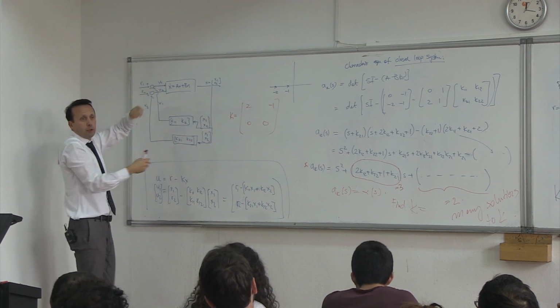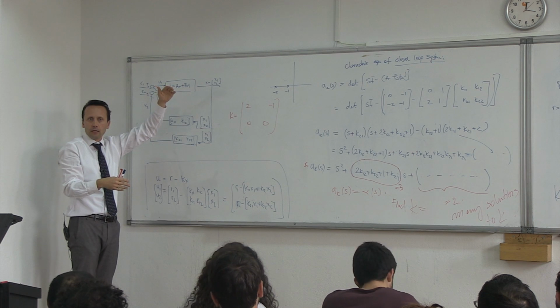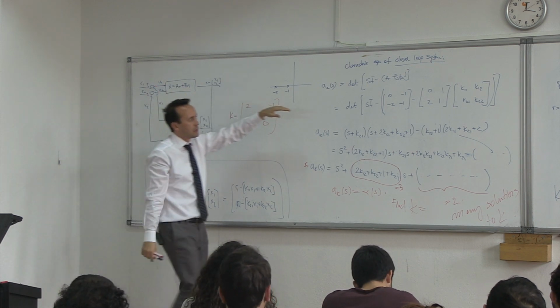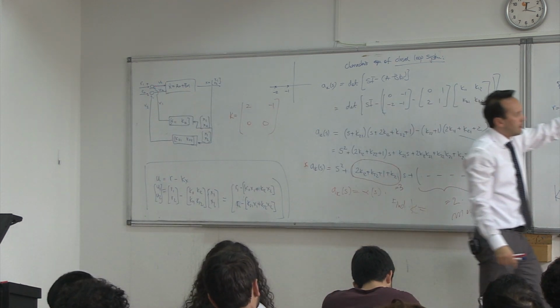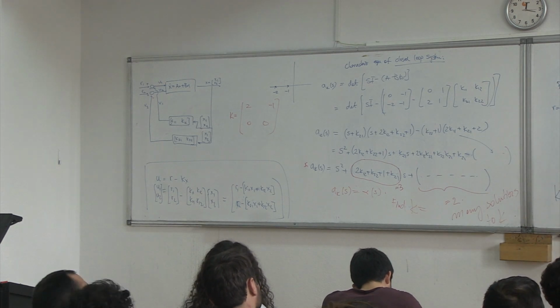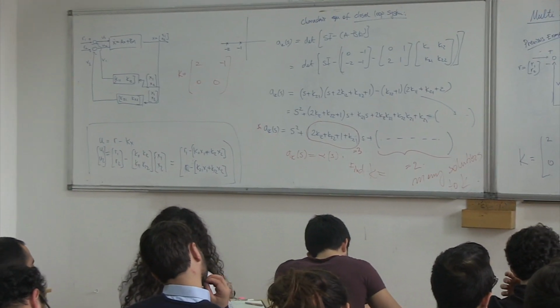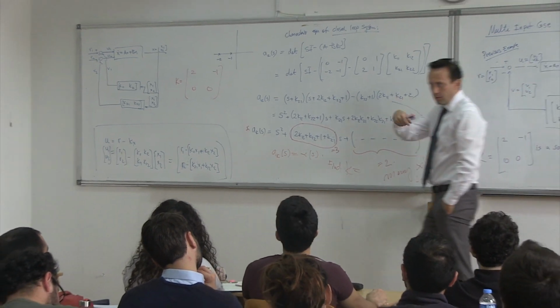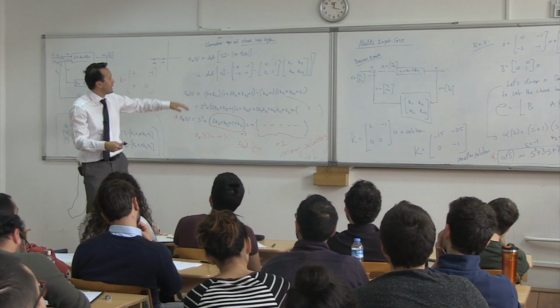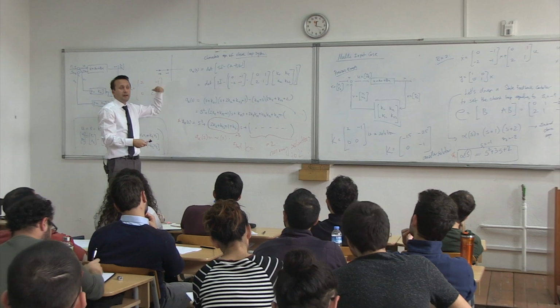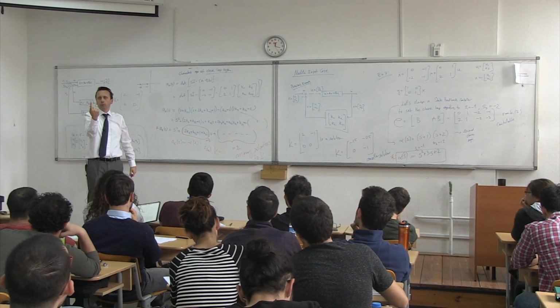And this you could actually do with Bass-Gura or Ackermann's now, saying that let's not use this second control. Let's just use only one control and see if we can still do the feedback loop. Can I still satisfy this? In fact, in the previous example, if you remember, you had one control.